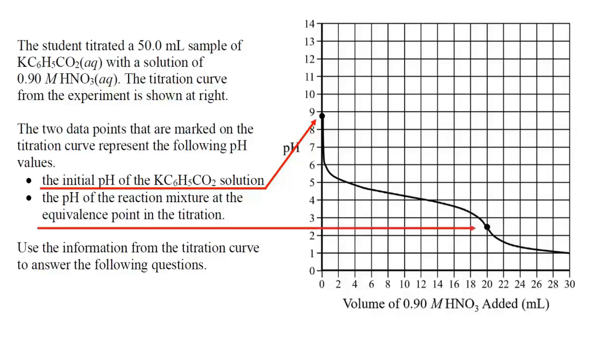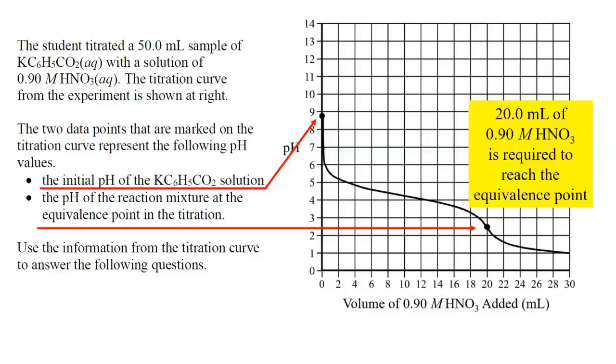And then we also know that the pH of the reaction mixture at the equivalence point looks like approximately 2.5. If you look along the x-axis, we can see that the equivalence point was reached at a volume of 20 milliliters. So we know from the titration curve that 20 milliliters of the titrant, 0.90 molar nitric acid, is required to reach the equivalence point.